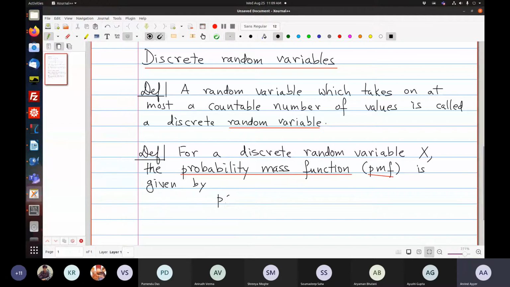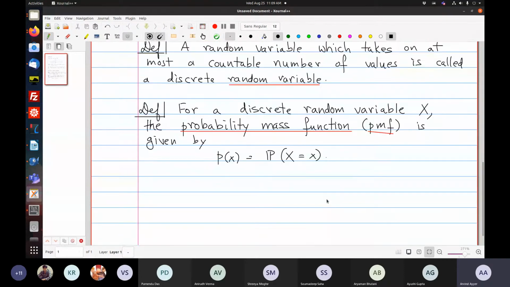So p(x) is the probability that X is equal to x. So by definition, there exist countably many numbers x1, x2, etc., such that p(x) is positive if and only if x is equal to xi for some i.